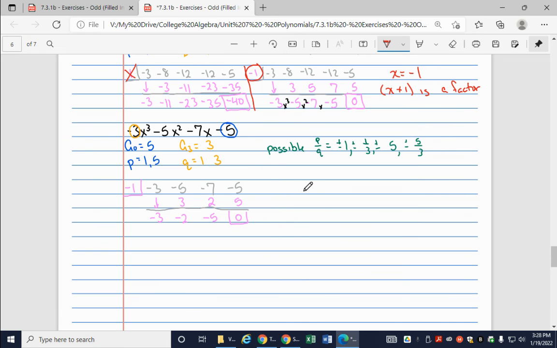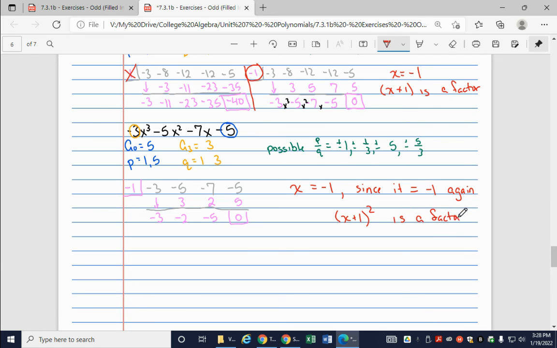So that means that x again equals negative 1. So if it equals negative 1 twice in the same problem, that means x plus 1 is a factor twice, or we can say x plus 1 squared is a factor.